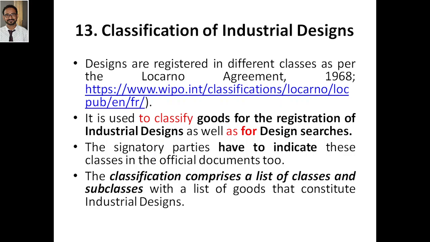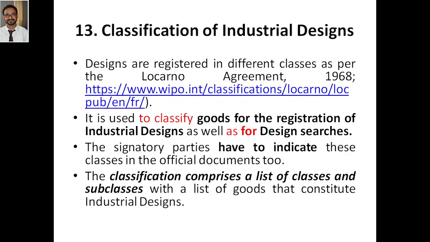Now the designs are registered in different classes as per the Locarno Agreement of 1968. You can find a link to know more about it. It is used to classify goods for the registration of industrial designs. It is used just to identify the different classes or different goods which come under which class, so you can categorize them based on their use cases.